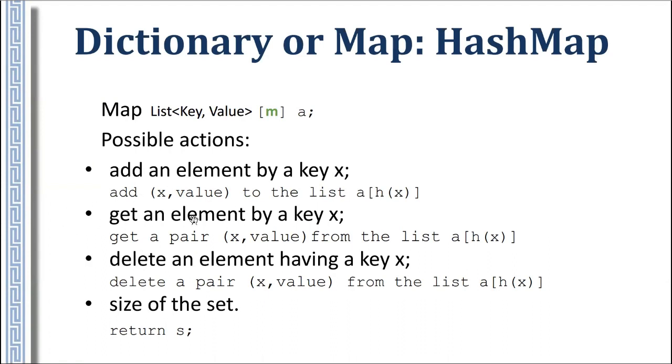When we get an element, we compute the index by hash for key x, search the pair by key x in the list and return the value. And for removing, we also compute the index by hash of the key, find in the list the pair by key and remove the whole pair.